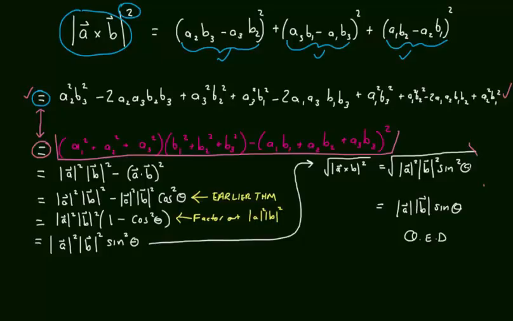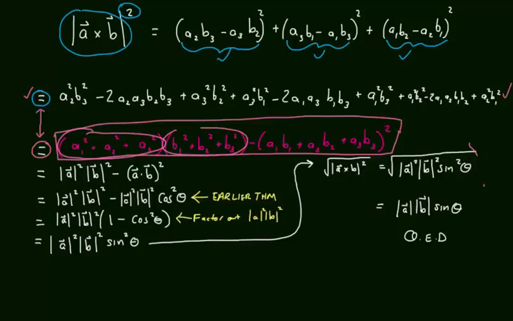Well, that's it. But once you have this expression, then this first one is the magnitude of A squared. The second expression is the magnitude of B squared. And then this pretty cool expression is what mathematicians have defined as the dot product, and the dot product is squared.